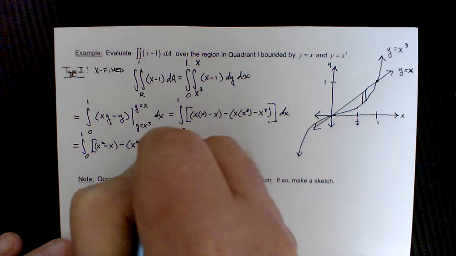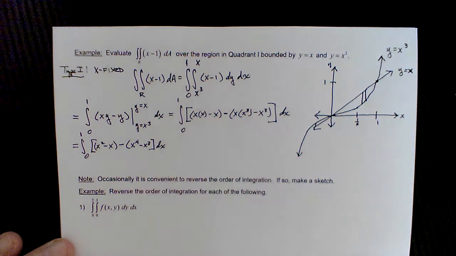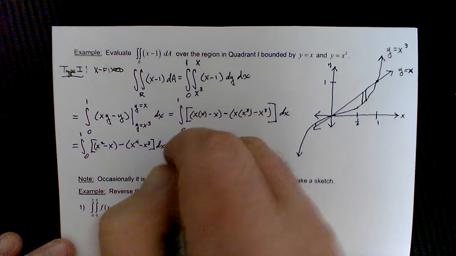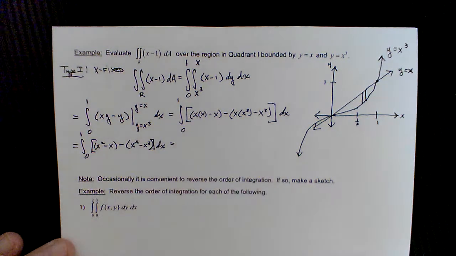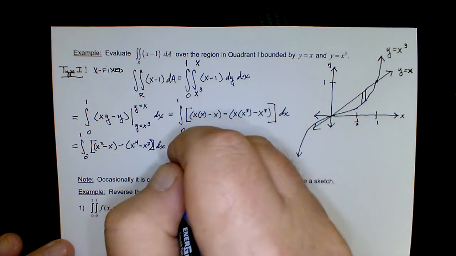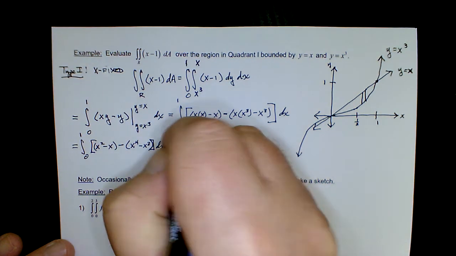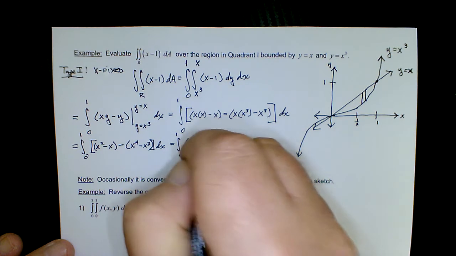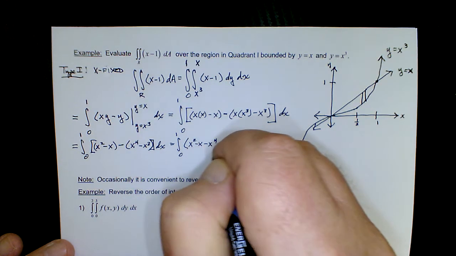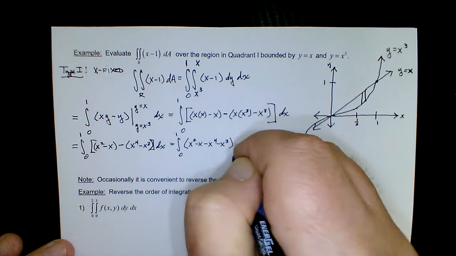Okay, not much we could do there. We'll just have to grind through this. So take the integral from 0 to 1 of x squared minus x to the 4th minus x cubed, nothing to combine.